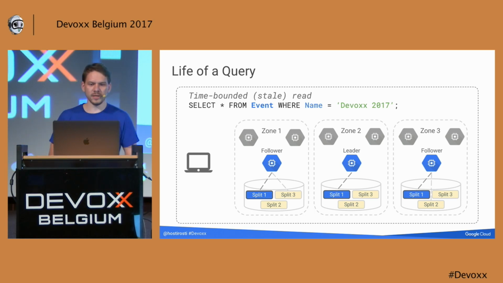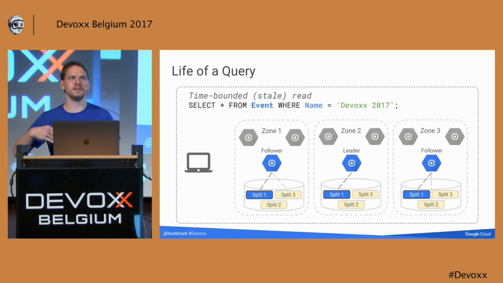So what you define is how much staleness you allow. Or you can give a timestamp within an hour and say, I want to have the view of the data at that timestamp. Now, in my example here, I send a request and say, hey, I accept data that's up to 15 seconds old. In most cases the follower already has the data.